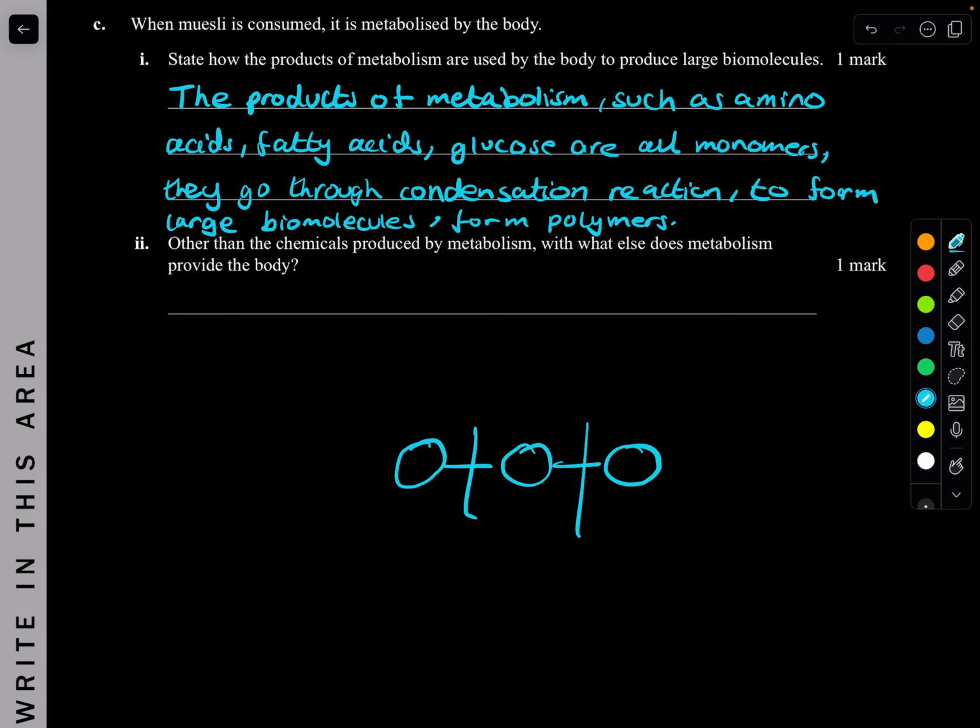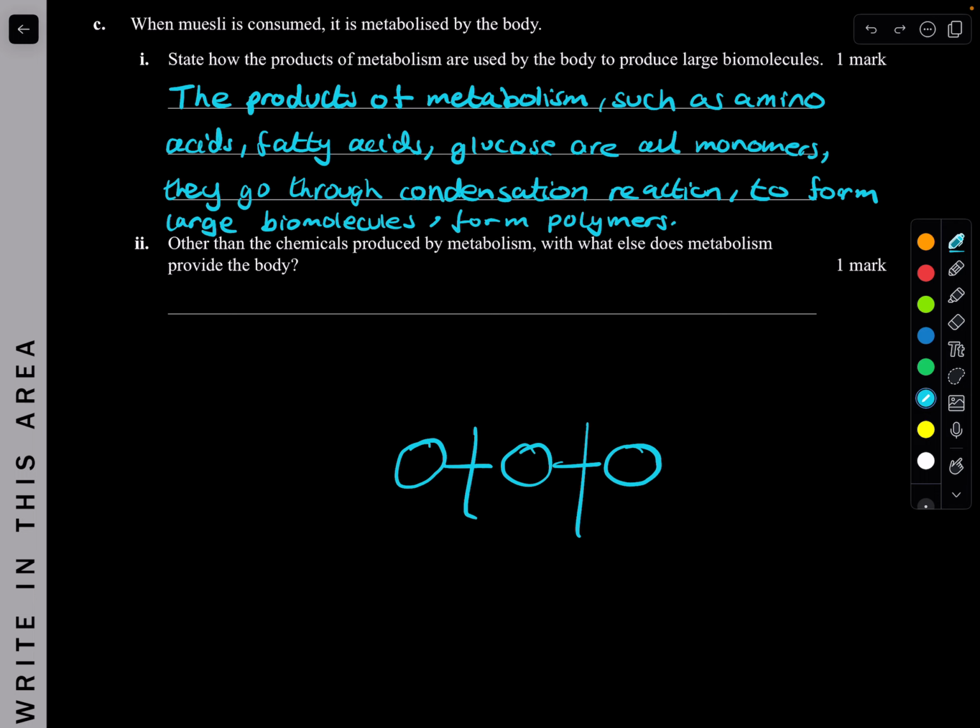So think about it. When you metabolize, you're breaking down those bonds, and hence these are your chemicals. But what else do they do? When you break down those bonds through hydrolysis, you're releasing energy. Remember, those bonds carry a certain amount of energy, and every time you break them down, hydrolysis is an exothermic reaction. It releases energy, and that energy is taken by the body, and that's why we eat food.